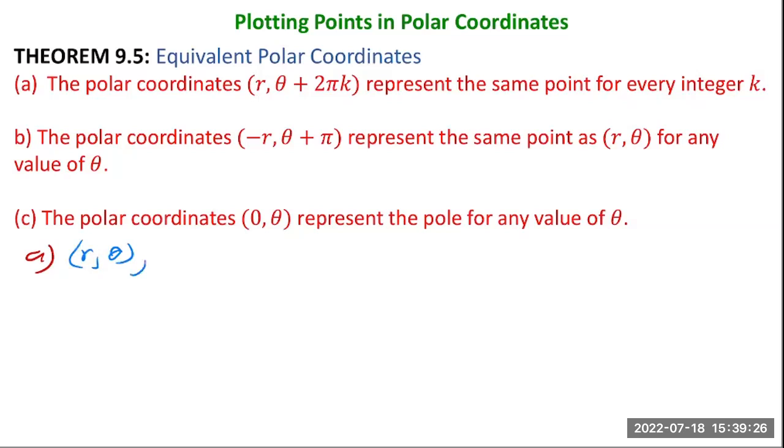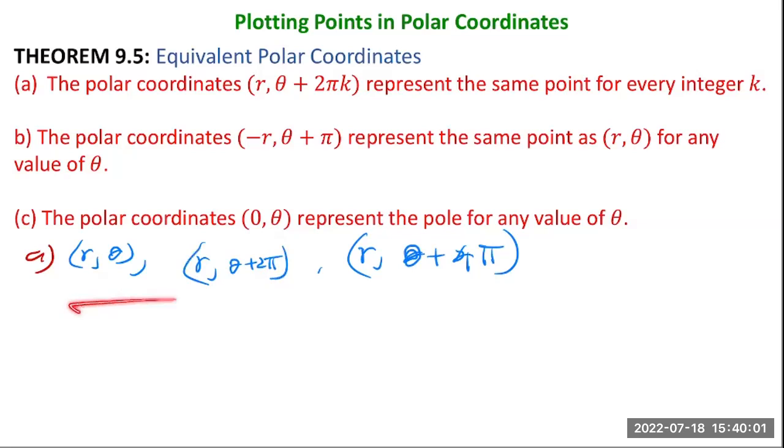If you put k equal to 1, you get r comma theta plus 2 pi, and if you put k equal to 2, you get r comma theta plus 4 pi, and so on and so forth, right?